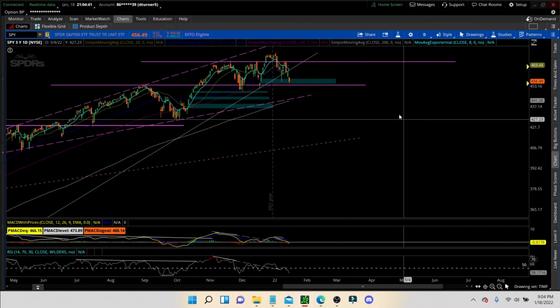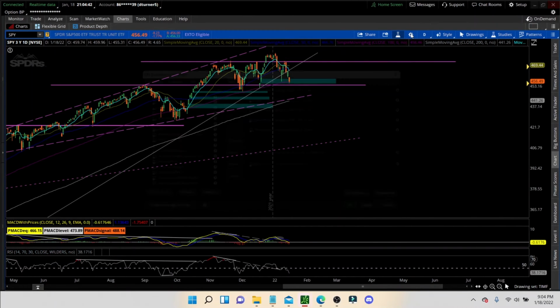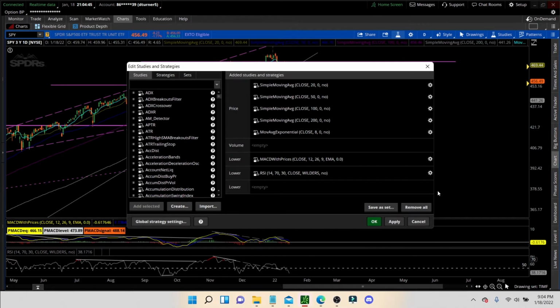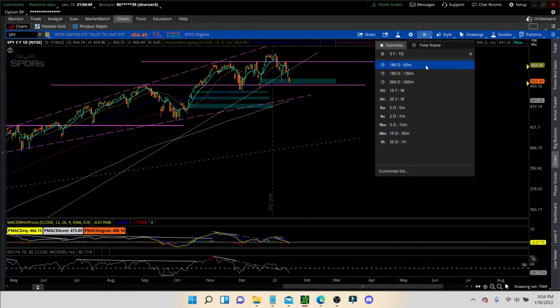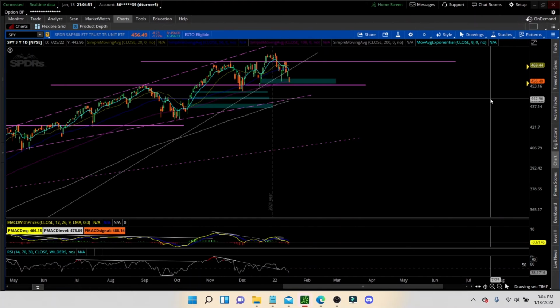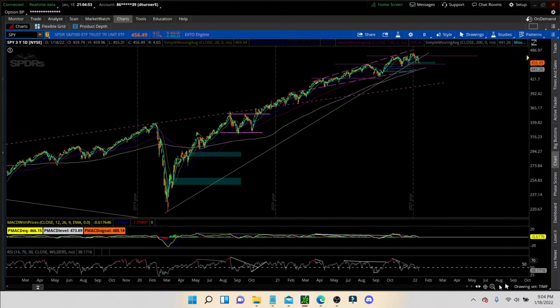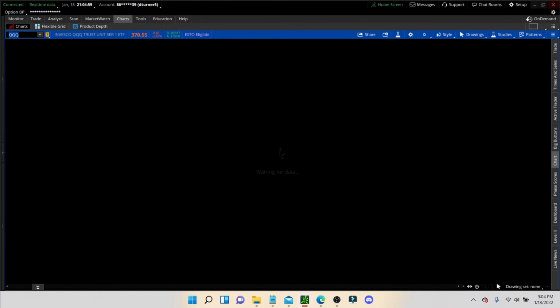Okay, so the volume, it's not on this chart. Interesting. How do I get my volume back? I'm not going to do this on the spot. Don't know why it's not on. Okay. That's fine. Let's see if it's on any of the other charts here.